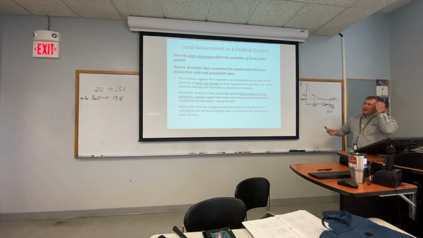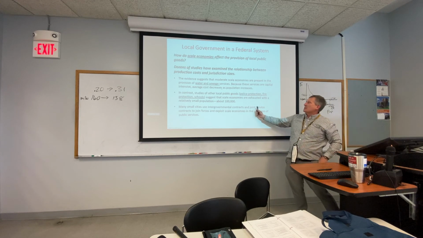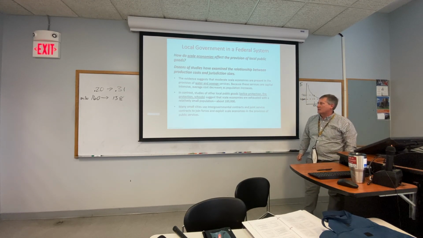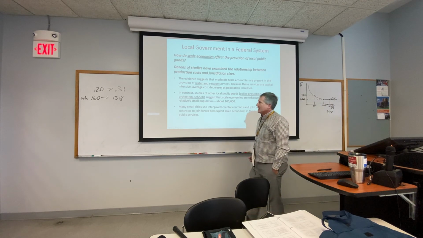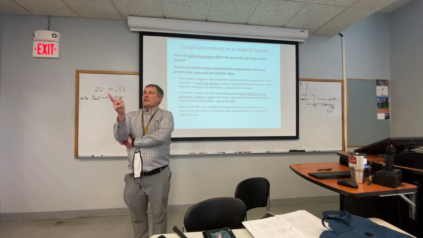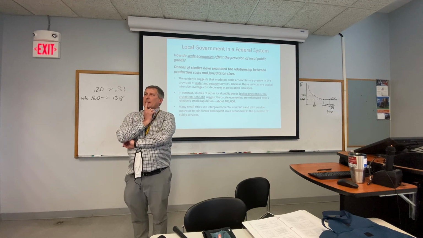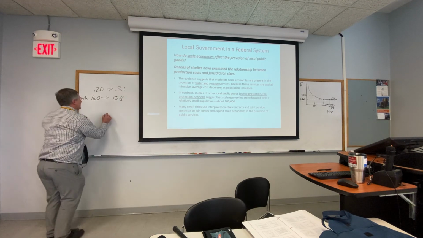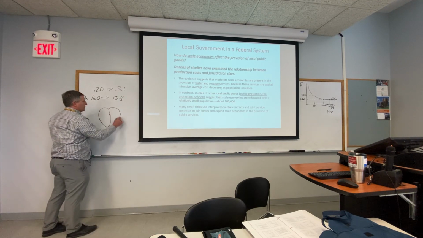All right, what about this intergovernmental contracts business? What do you think's going on there to join forces and exploit scale economies? What do you think there? Take a stab, Jacob. Yeah, that's right. So two municipalities. So let's say there's economies of scale, and we've got two.